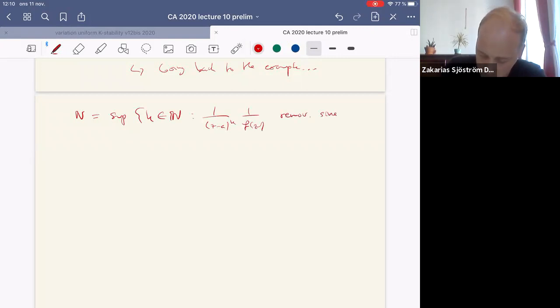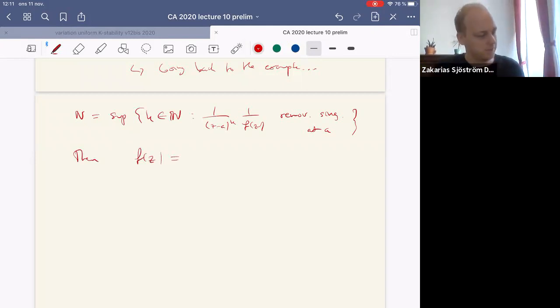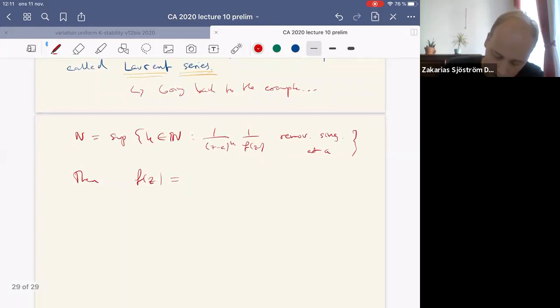This had a removable singularity at a. And then we had this power series expansion, so this was equal to this. Nothing more to say.